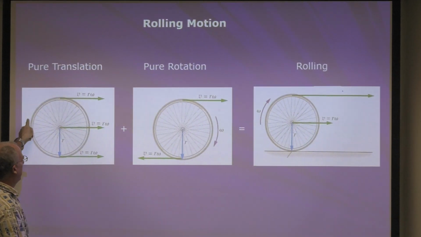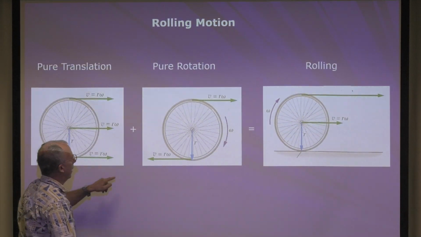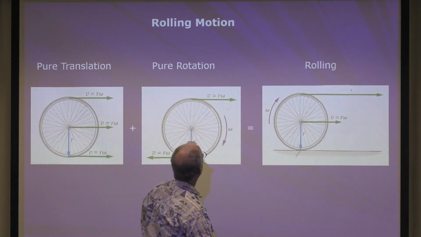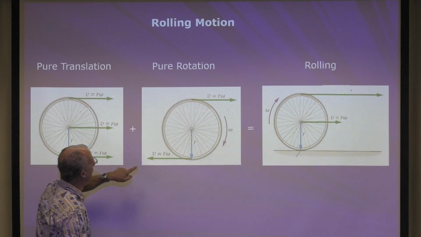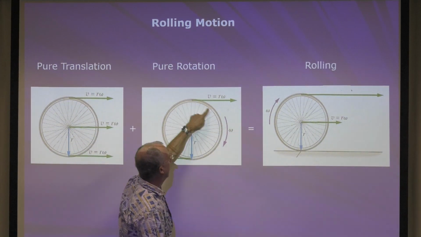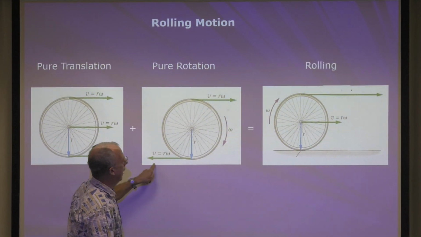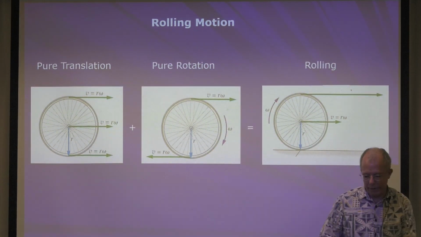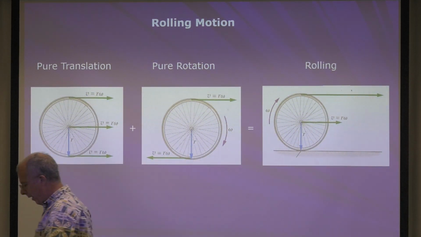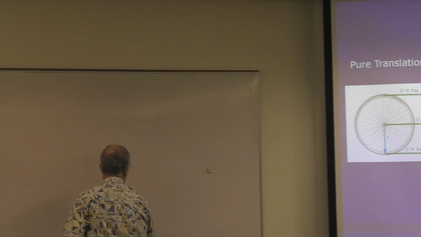So we've seen this slide before. It's nothing new, right? This is the pure translation. This is the pure rotation. When you add this and this, you get rolling motion. Okay, so that's nothing new. You've seen that before. All right, so let's get an equation for it.